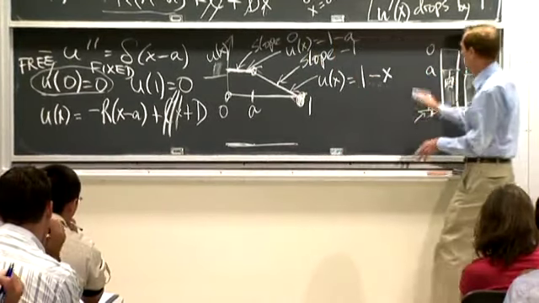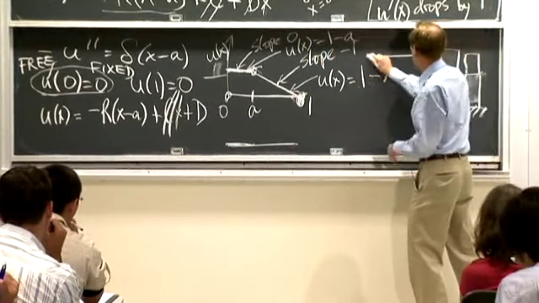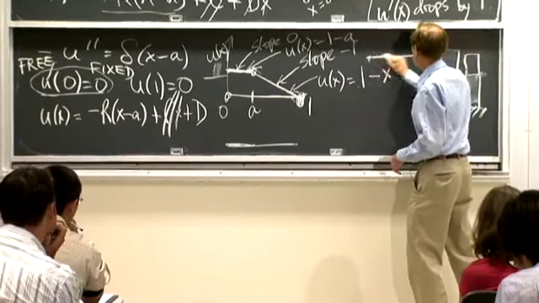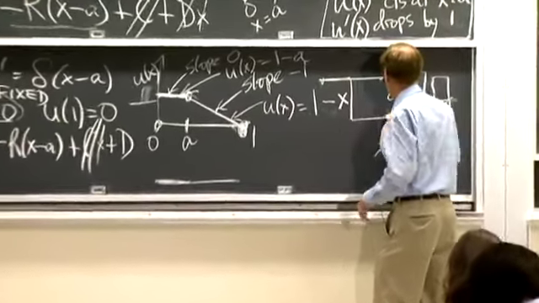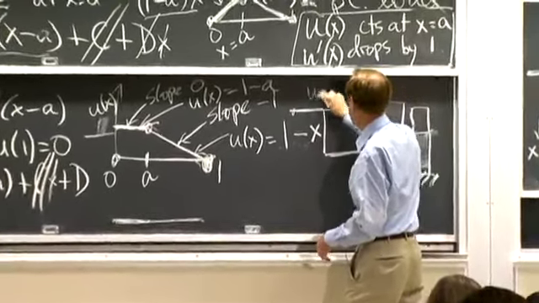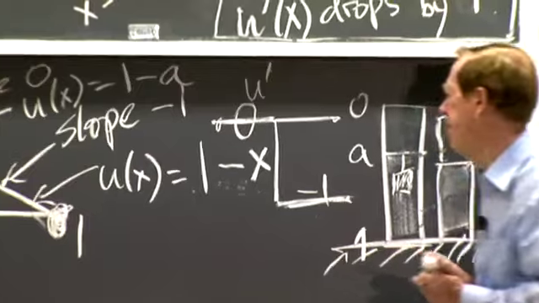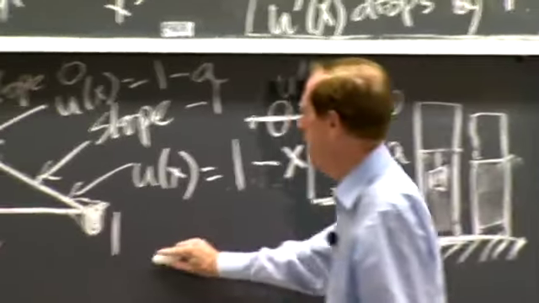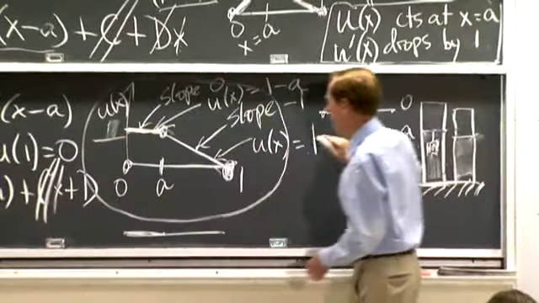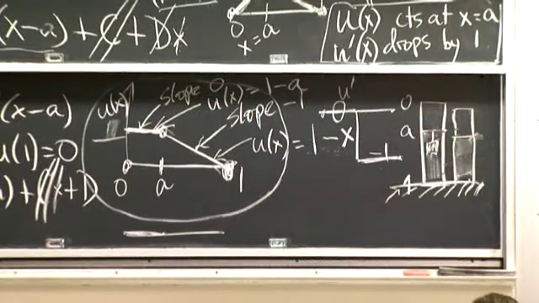The slope picture, maybe I can draw it here. The slope picture is 0 along to here, and then it drops by 1 to 1 minus a. So that's a picture of u prime. 0 and minus 1. This is the thing to look at. Okay.